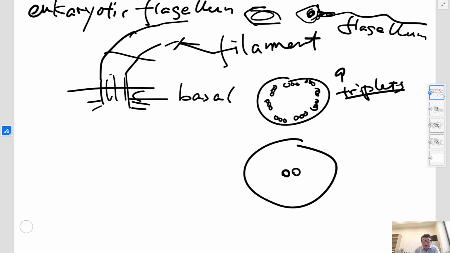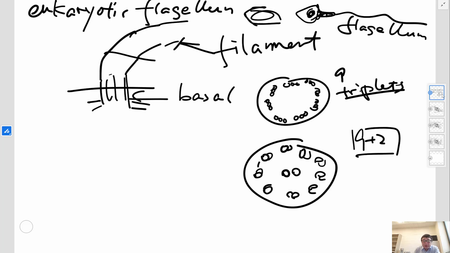and surrounding the central microtubules, 1, 2, 3, 4, 5, 6, 7, 8, 9. This is called the 9 plus 2 arrangement.